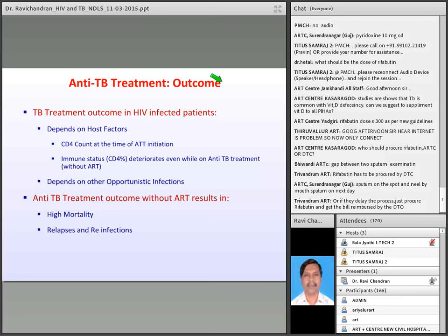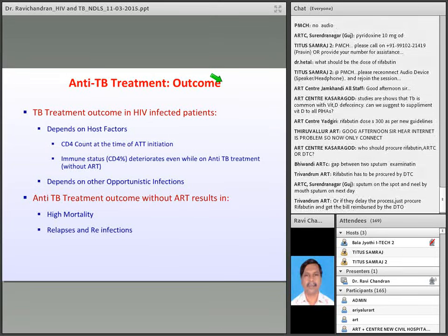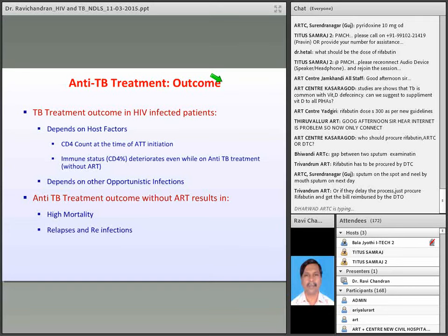The outcome of tuberculosis in HIV infected patients depends upon host factors like the CD4 count at the time of ATT initiation and the immune status. The immune status may deteriorate even while on anti-tuberculosis treatment if the patients are not started on ART along with anti-TB drugs.